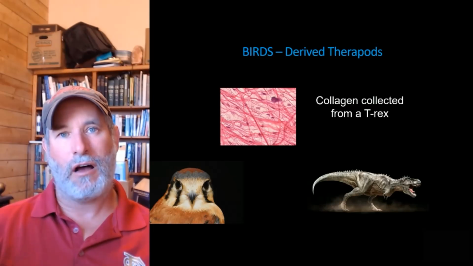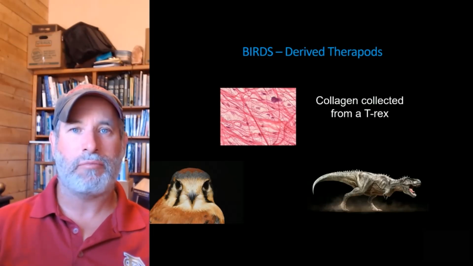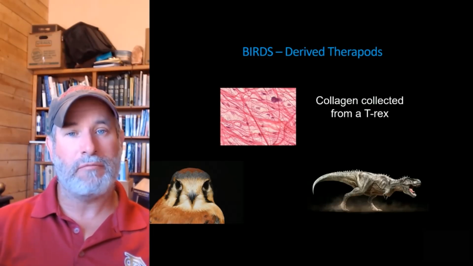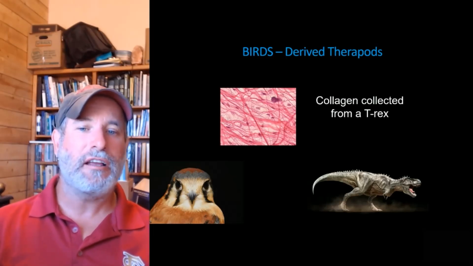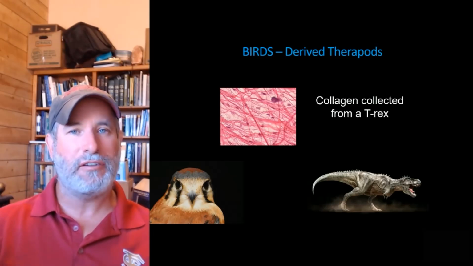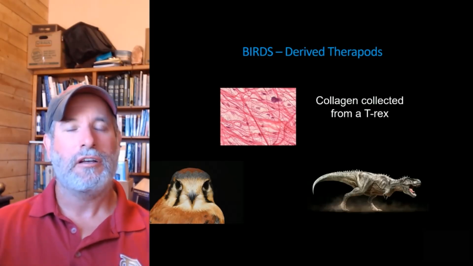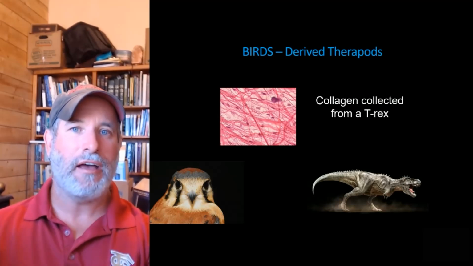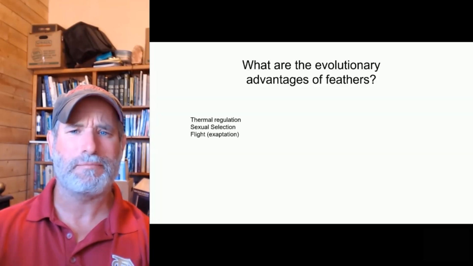And we are actually pulling molecules off of ancient fossils, including proteins and other pigments. Now, this is somewhat controversial, but I think these labs are trying to be very careful about it. And in one cool study, they did pull collagen off of a T-Rex, and that collagen, guess what, was related to birds. So that's another line of evidence that dinosaurs are related to birds, or birds evolved from dinosaurs.